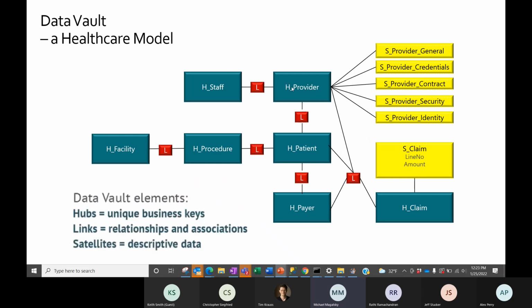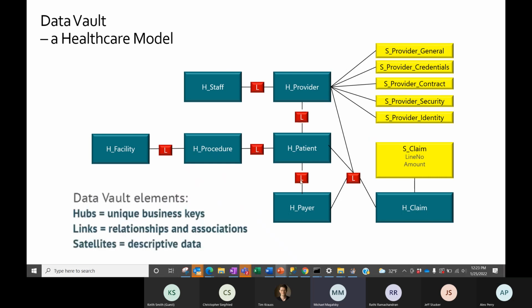There's a staff that reports into that provider, procedures that the patient might undertake, facilities where those procedures are performed, and then, of course, what we all know and love, the infamous claim, the claim that brings a lot of this together, the provider submitting a claim to the payer on behalf of the patient, okay?